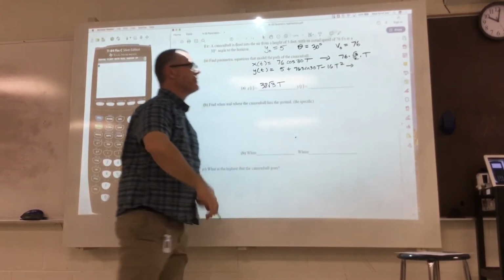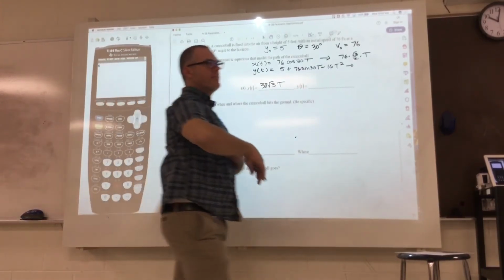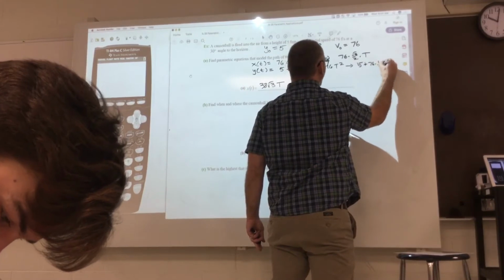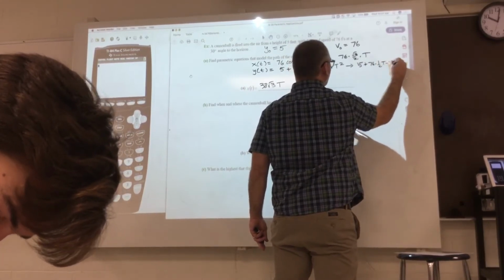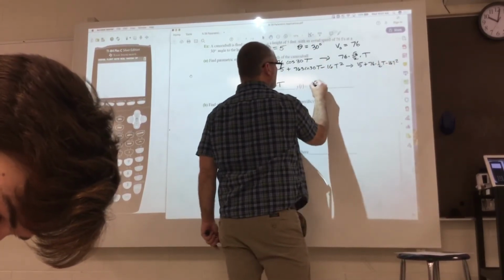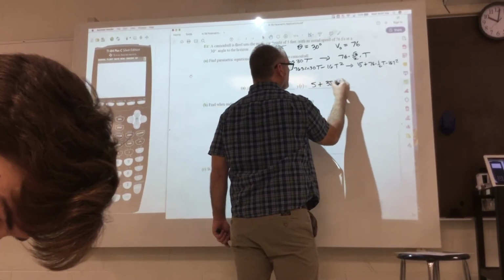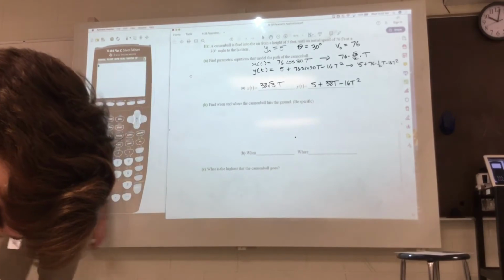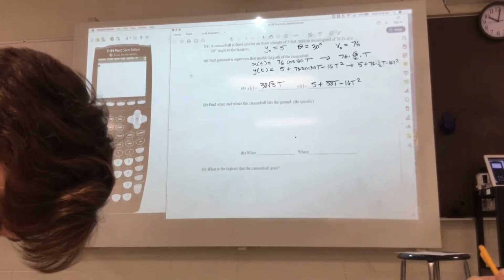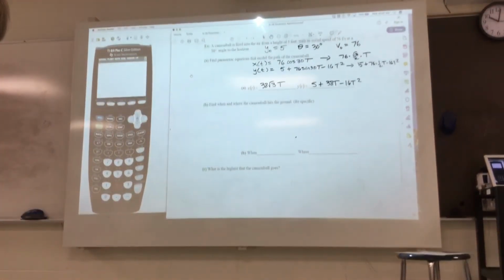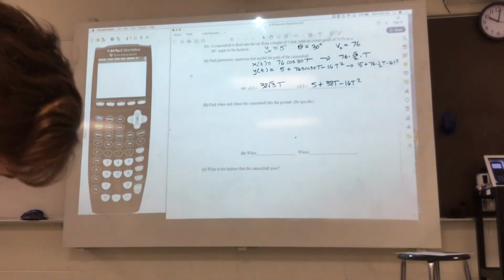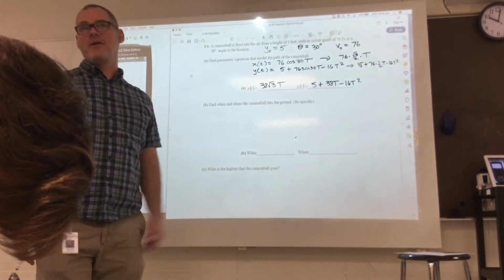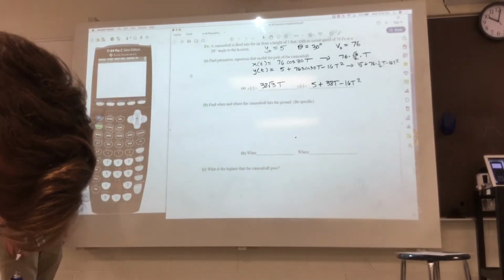What's sine of 30? 1/2. 5 plus 76 times 1/2. And that's going to reduce to 5 plus 38t. It's a lot nicer looking. If it's on the unit circle, try to reduce it by hand. Even if it's a root, it's either root 3 over 2, root 2 over 2, or 1/2. That initial velocity will be divided by 2 and you stick the root on the end, or you just divide it by 2 if it's a 30.